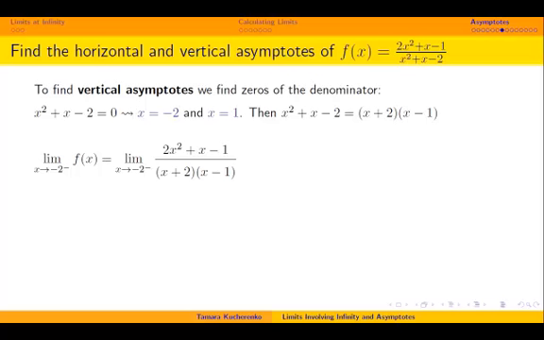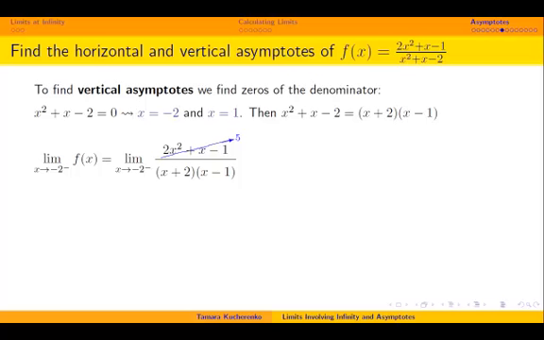The numerator is continuous, and thus to find the limit value of the numerator, we plug in x equals negative 2 into 2x squared plus x minus 1. We get 5.